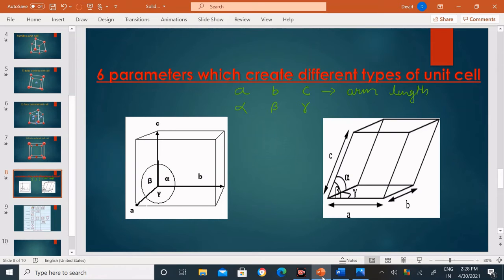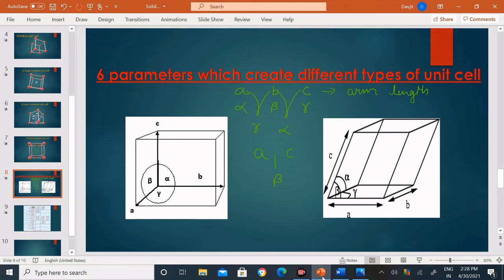Alpha, beta, gamma are the angles between any two arms. As I told you as a trick in the last lecture, angle between A and B will be gamma, angle between B and C will be alpha, and angle between A and C will be beta.